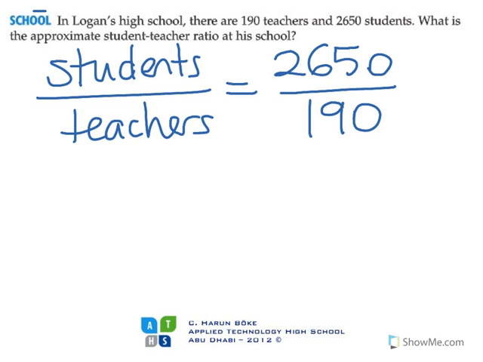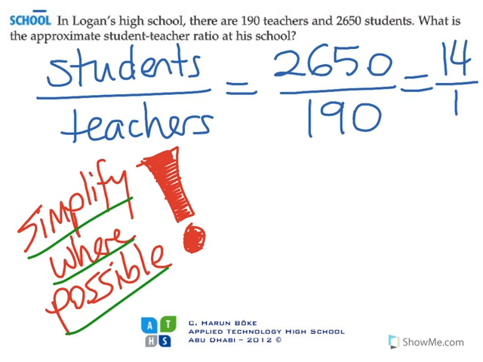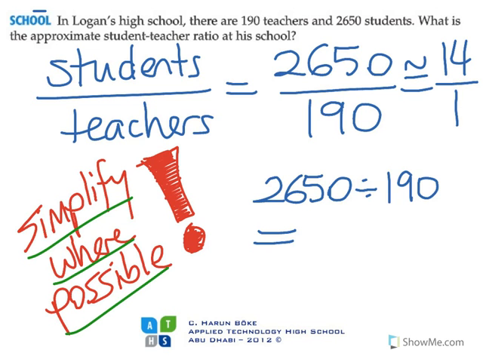This is our ratio, but remember, the rule was simplify where possible. Hence, we have to simplify this to 14 to 1 approximately, because if you do the division of 2,650 by 190, you get 13.947, and it goes on like that.